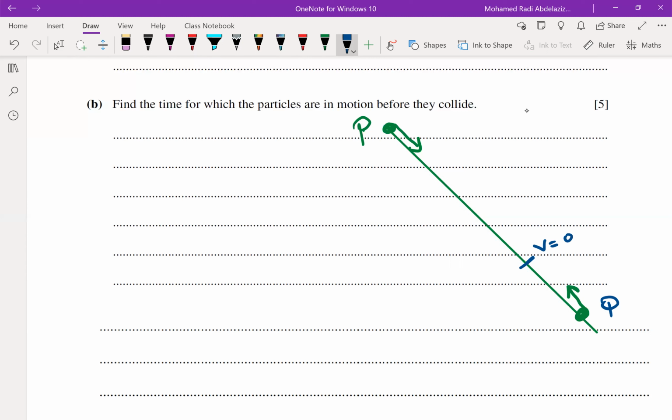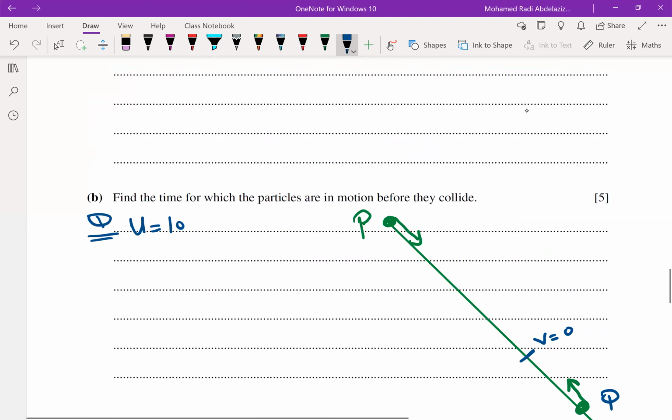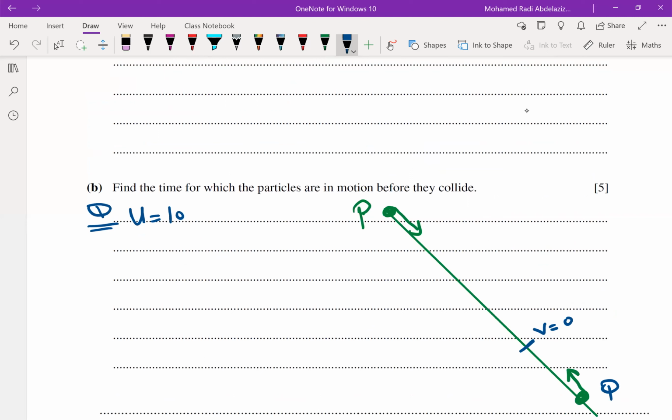Now we'll talk about particle Q. Particle Q starts from initial velocity 10, and v equals 0, acceleration found negative 11.6.